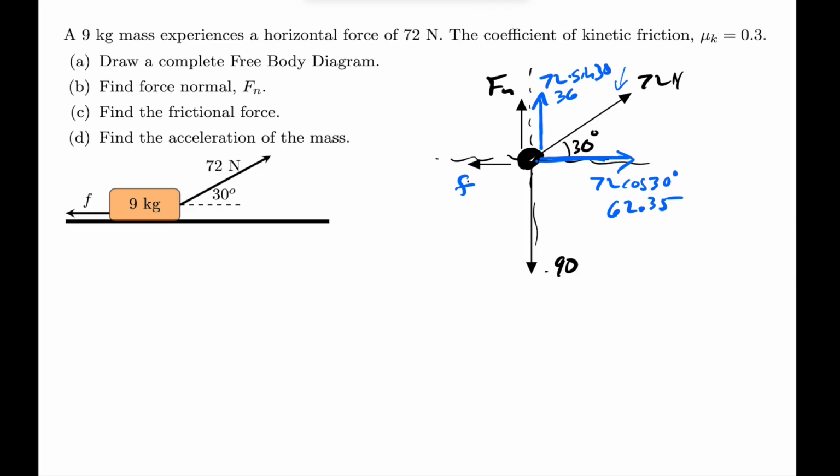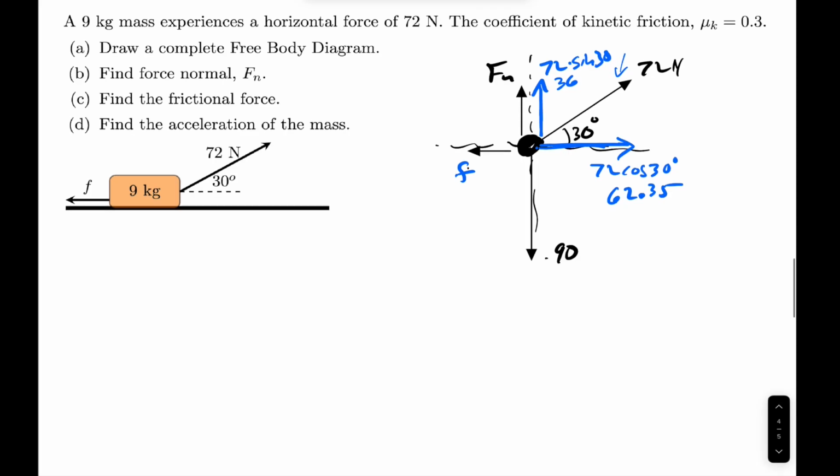Okay. Let's do what we've been doing, because nothing really has changed. The summation of all the forces in the y direction is equal to the mass times the acceleration in the y direction. But again, we know this is a mass sitting on a floor. So in the up and down direction, it's not accelerating, so that's going to be 0. Now if I list all my upward forces, look at the picture again. These upward forces have to balance with this one downward force in the y direction.